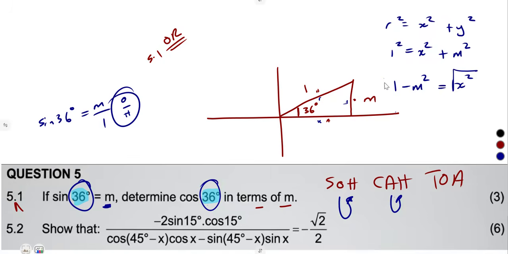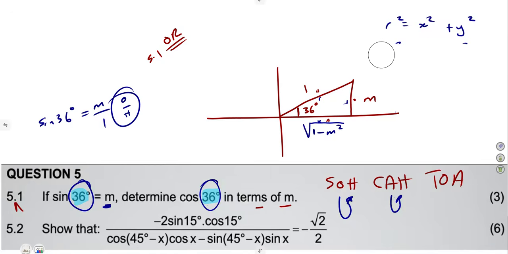Introducing the square root, x is equal to the square root of 1 minus m squared, which must remain positive, as we are on the positive side. So we have calculated the adjacent side, and it'll be easier to calculate the cos of 36 degrees, as we understand cos is adjacent over the hypotenuse.